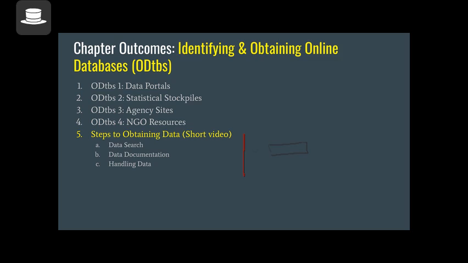That's what we'll talk about, the quick steps that you need to go through when you download the data. I'll do this in a short video because it's easier to show you as opposed to describing what should be done. So, in a short video in the next slide, you'll actually see these things: searching data, data documentation, and handling data specifically, and other things that you can do while trying to obtain the data.